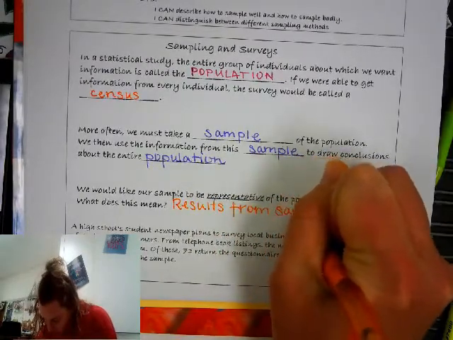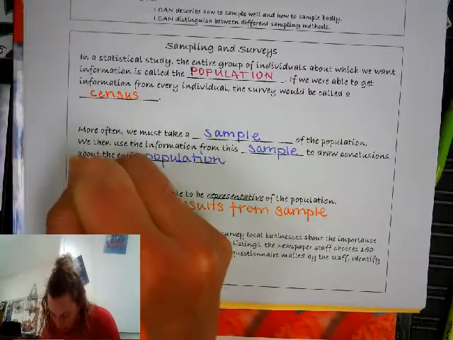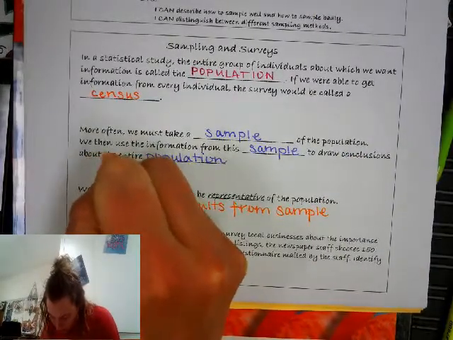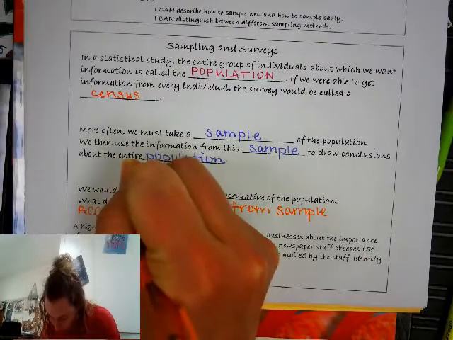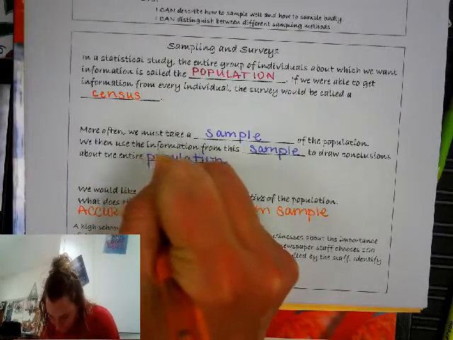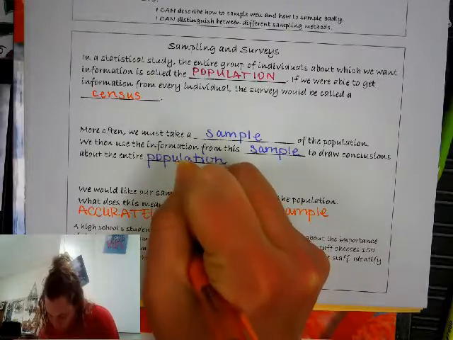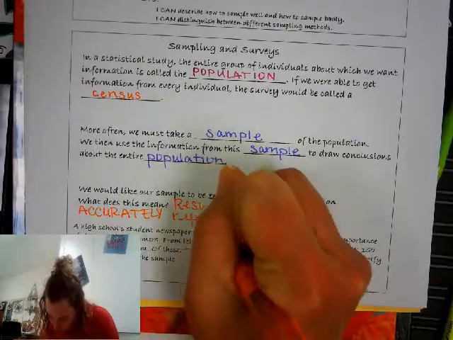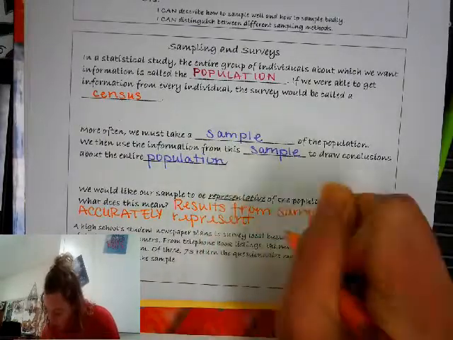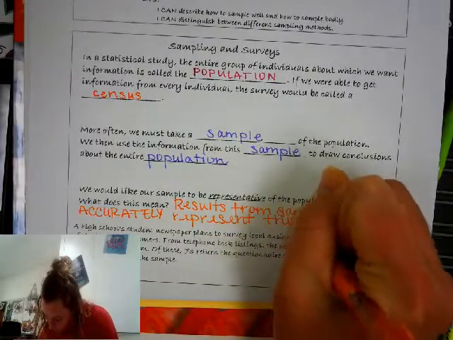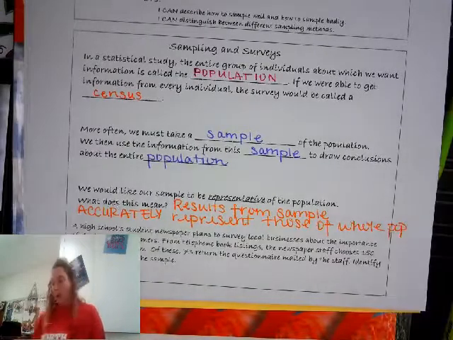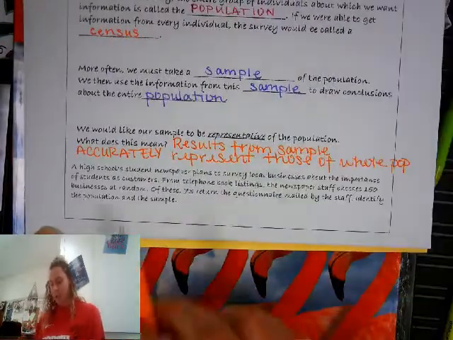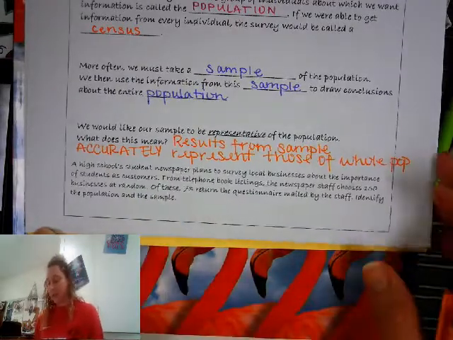Results from a sample accurately represent those of the whole population. And I'm going to abbreviate population because my handwriting's too big.